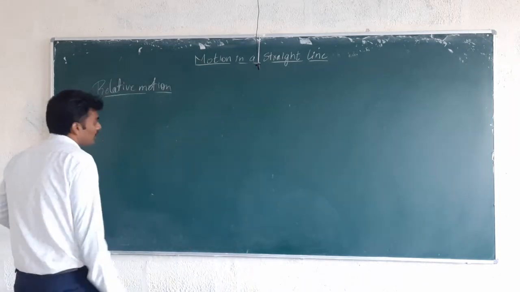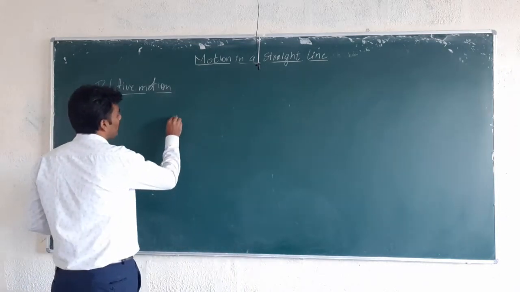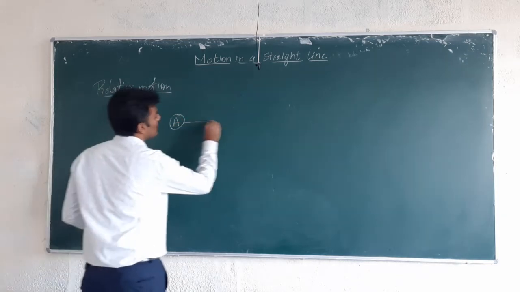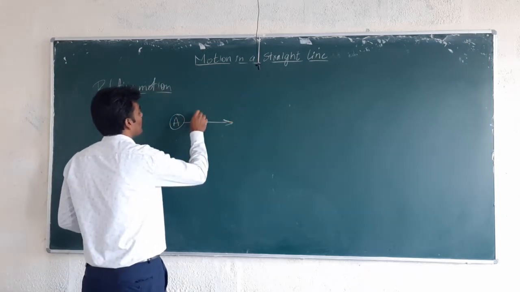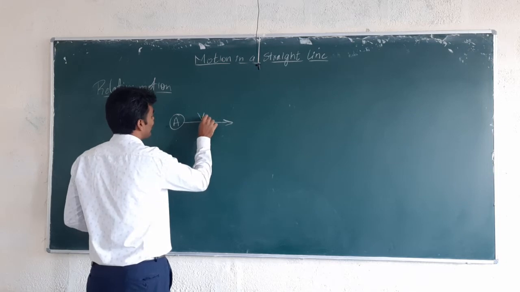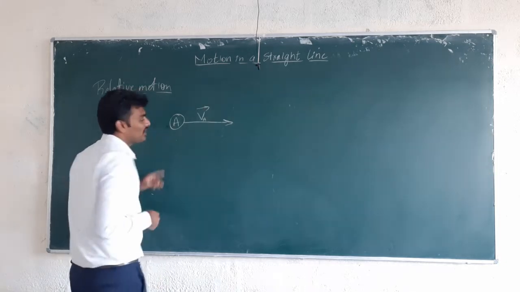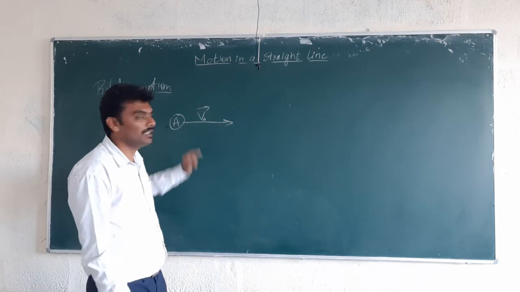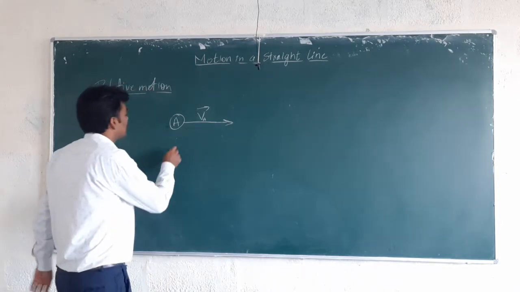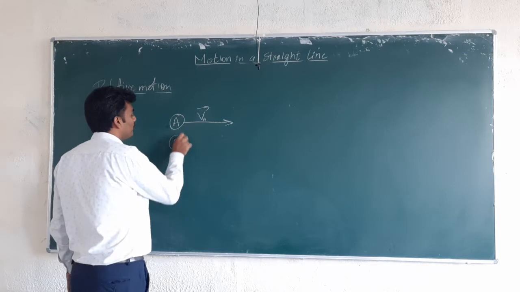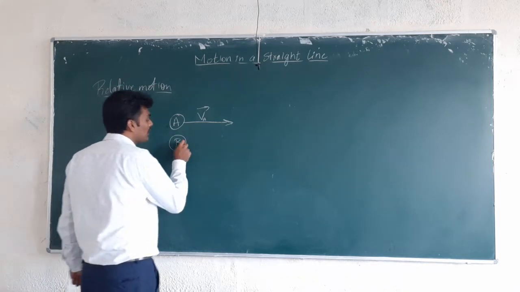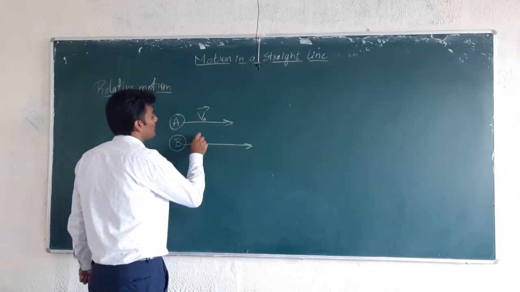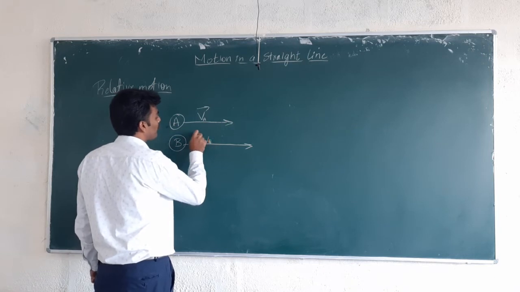So say a body A moving in a certain direction with the velocity VA. Take another body B moving in the same direction with the velocity VB this time.